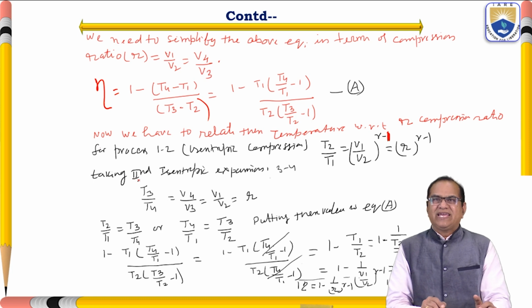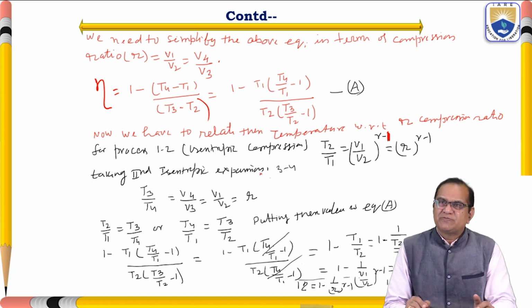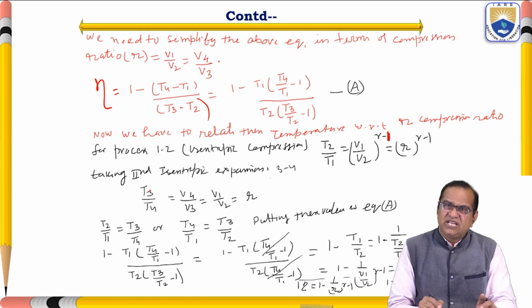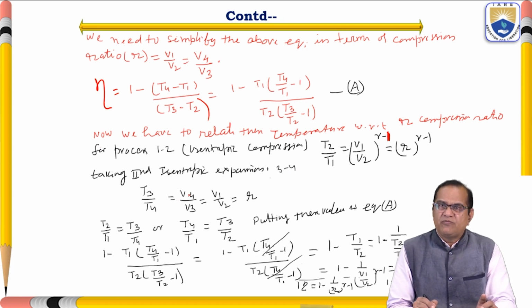Taking the second isentropic process, the expansion 3-4, here also we can write that T3 by T4 is equal to (V4 by V3) to the power gamma minus 1, which is also (V1 by V2) to the power gamma minus 1.